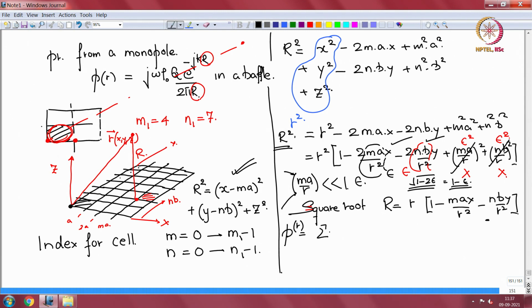So summation m equal to 0 to m1 minus 1, summation n equal to 0 to n1 minus 1, j omega rho q by twice pi r, e to the power minus j k (r minus max over r minus nby over r).